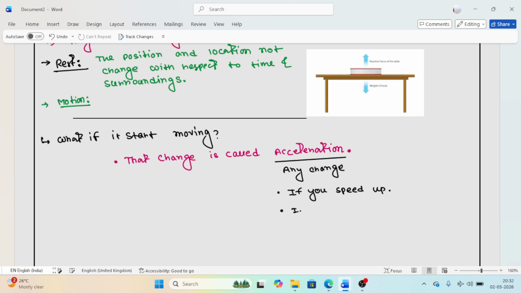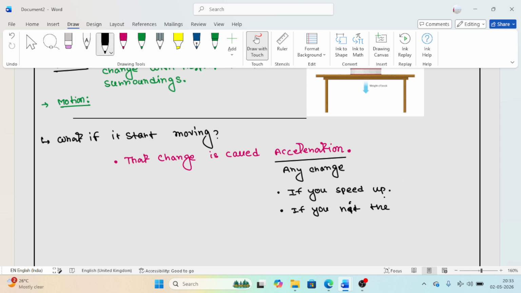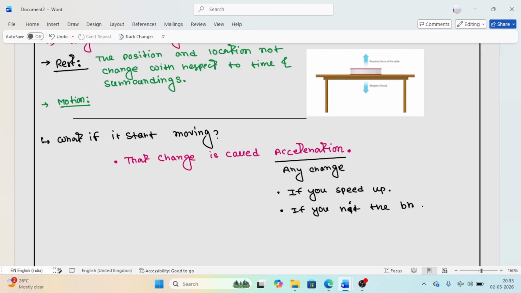If you hit the brakes and slow down, that's also acceleration. And that means speed decreases, right?